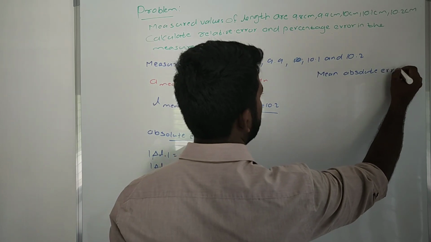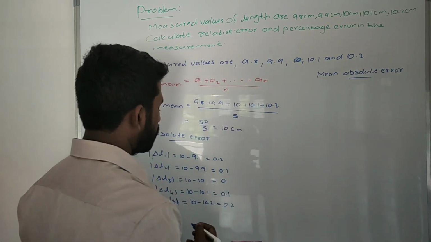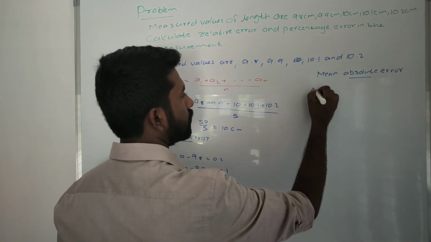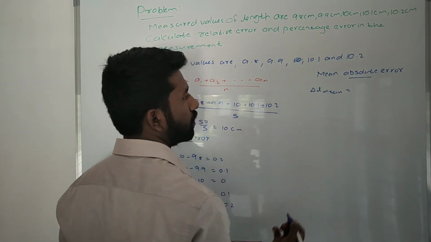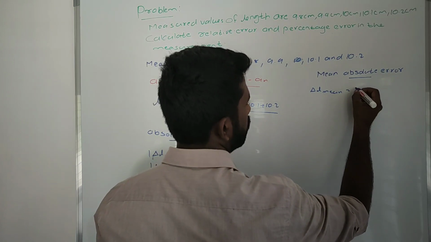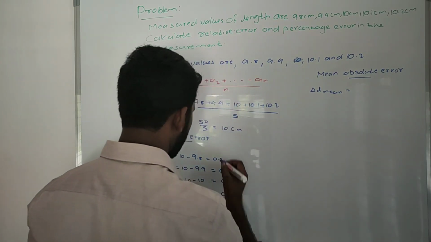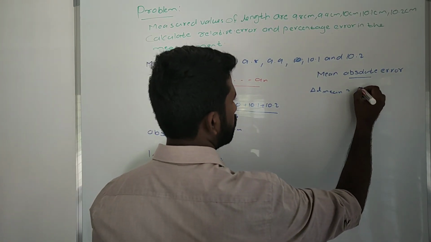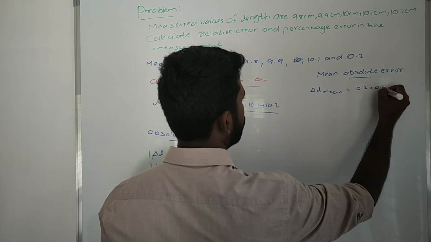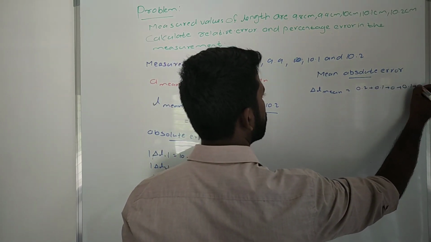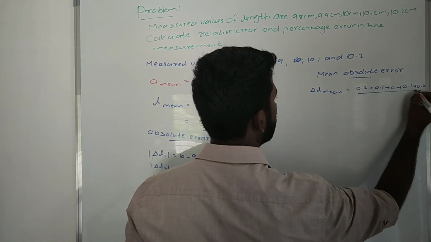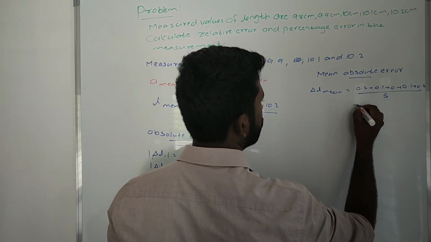Mean absolute error means take the mean value, that is delta L mean. You will get it as the mean of all these values: 0.2 plus 0.1 plus 0 plus 0.1 plus 0.2. There are 5 values.